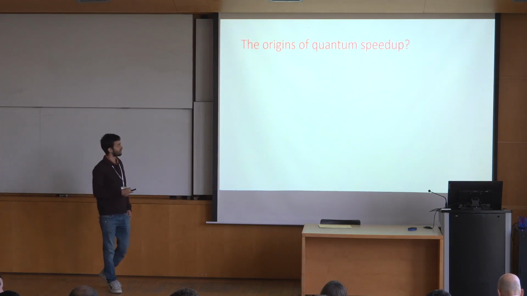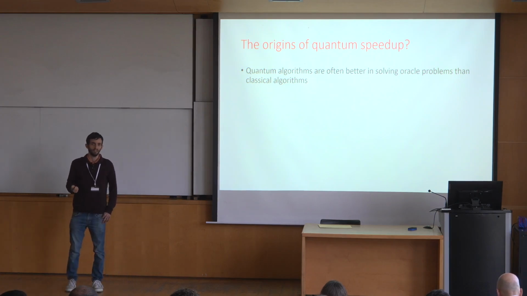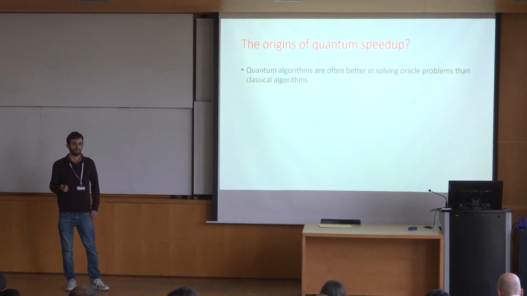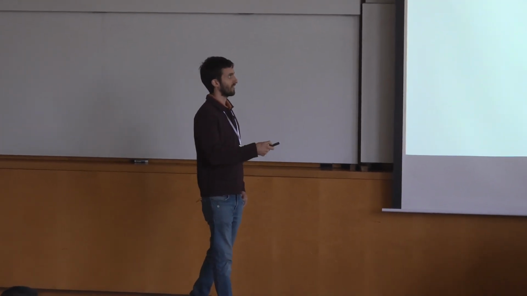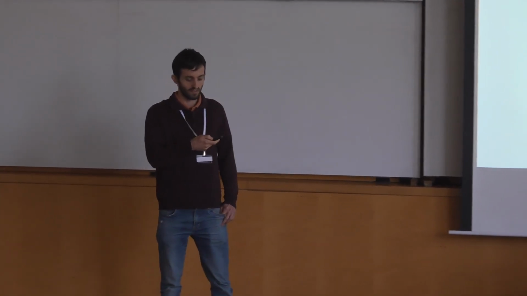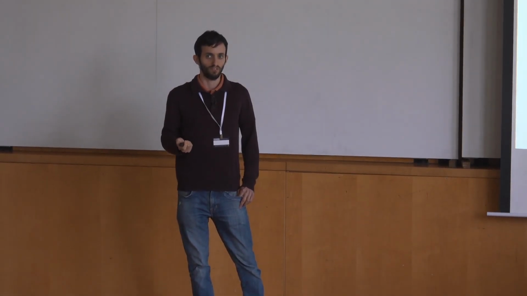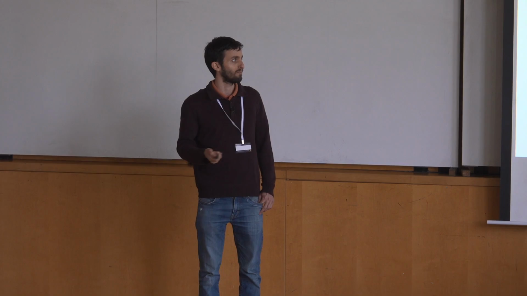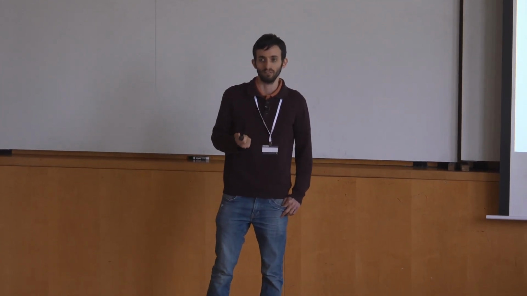So now for motivation. We know that in many cases, quantum algorithms are better than classical ones in solving these classification tasks. As we just said, the Deutsch-Jozsa algorithm solves the Deutsch-Jozsa problem with just one query. But any classical algorithm would need an exponential number of queries.